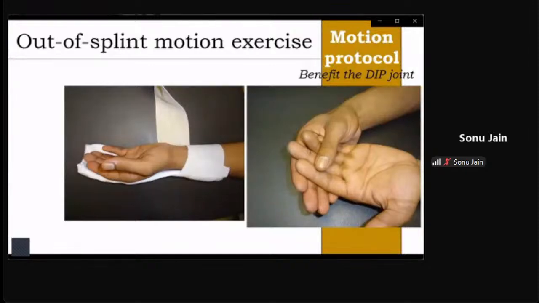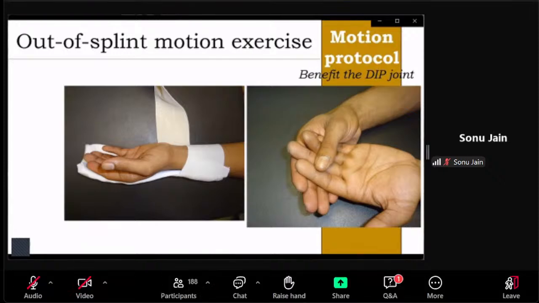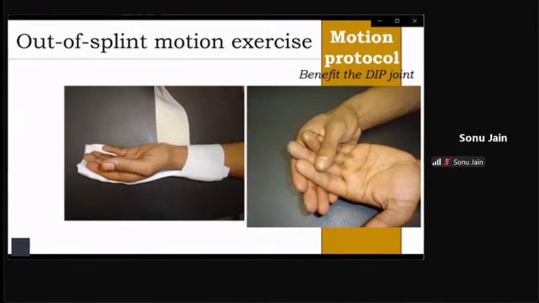I always ask patients to do the out-of-splint motion: take the splint off and do the motion exercise. Also emphasize differential motion of the DIP joint and the PIP joint. That's basically FDP function.